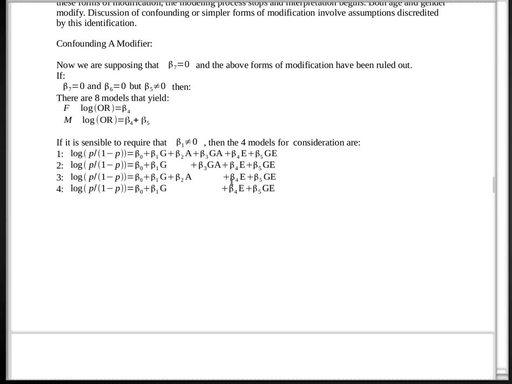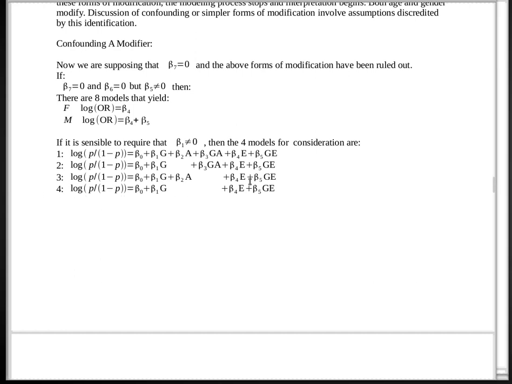The values of beta 4 and beta 5 need to be considered. And these are the 4 models that might be in play. Probably model 3, the most commonly considered. Okay? But we could in fact have model 4 as well.